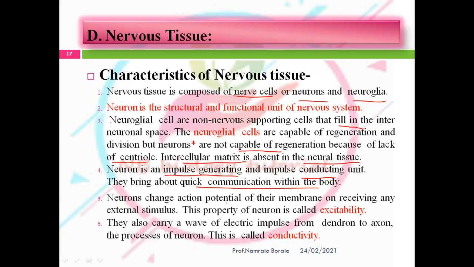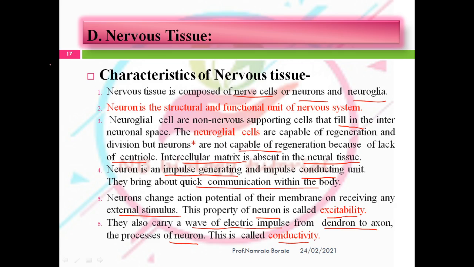The neuron changes the action potential of its membrane on receiving any external stimulus. This property of the neuron is called excitability. They also carry a wave of electric impulses from the dendrons to the axon. This property is called conductivity. Means the nerve tissue performs two functions, that is excitability and conductivity.